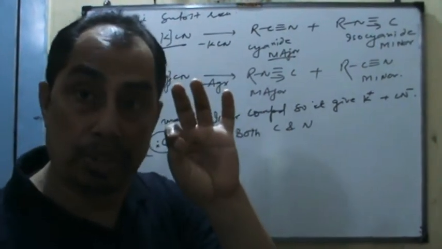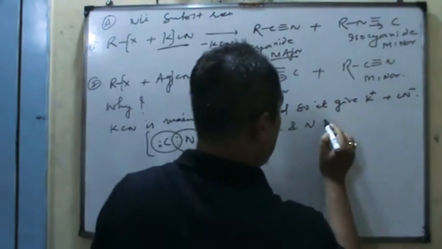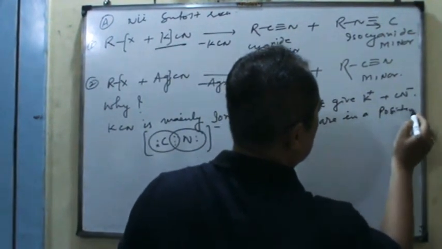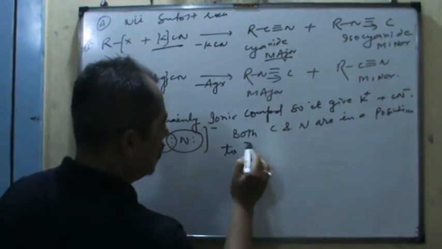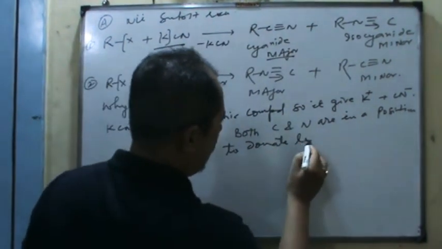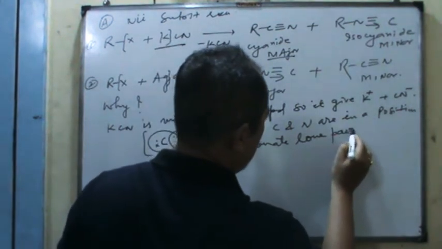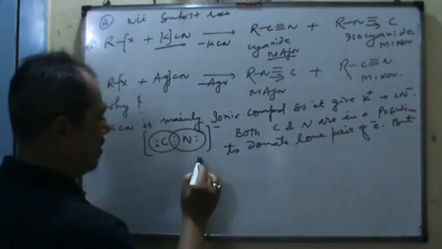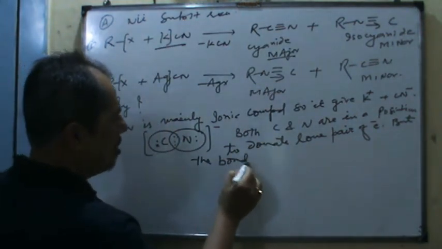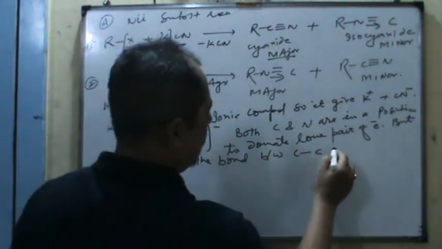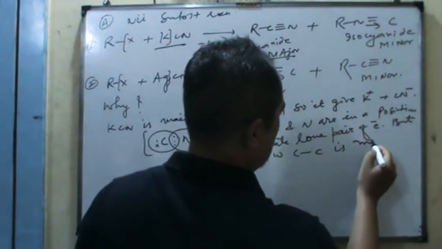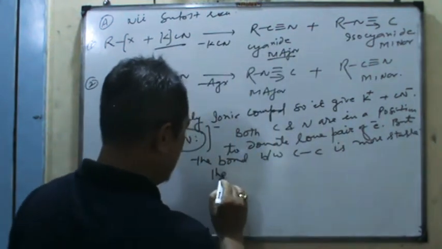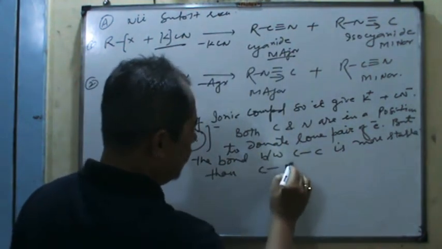It is to be noted. But the bond between carbon and carbon is more stable than carbon and what?